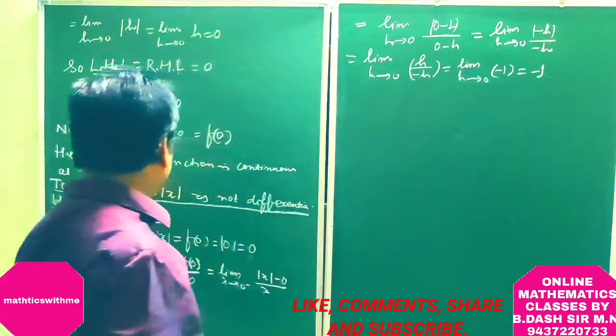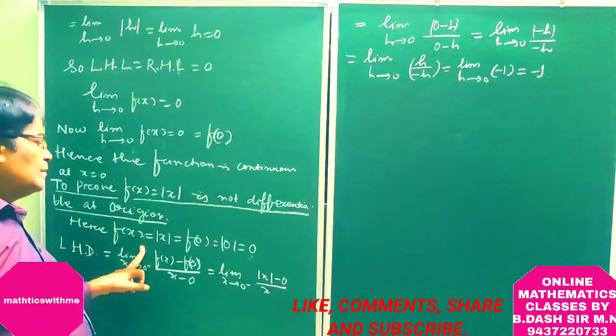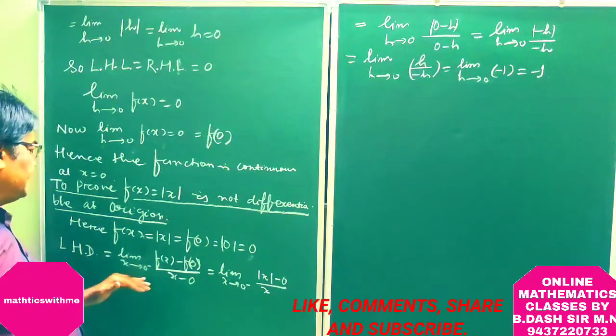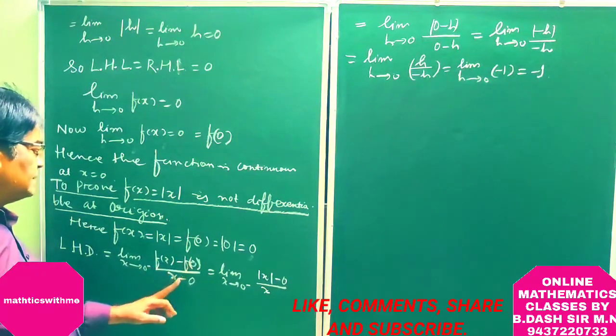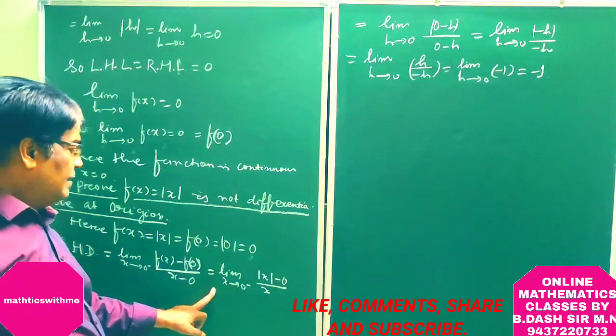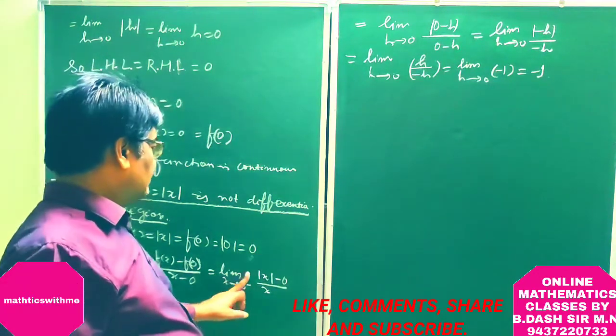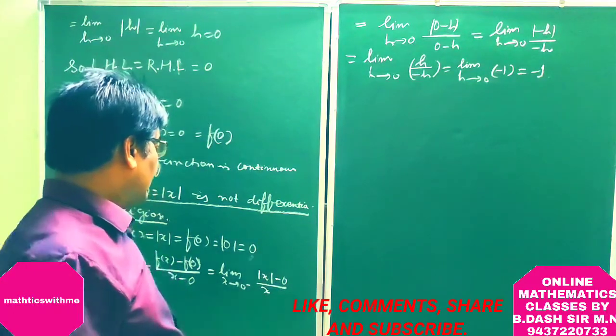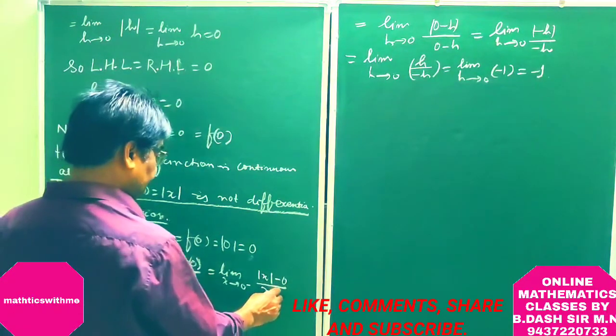So here f(x) is equal to mod x, so f(0) is equal to 0. Now left hand derivative limit x tends to 0 minus f(x) minus f(0) by x minus 0. Limit x tending to 0 minus mod x minus 0 by x minus 0.